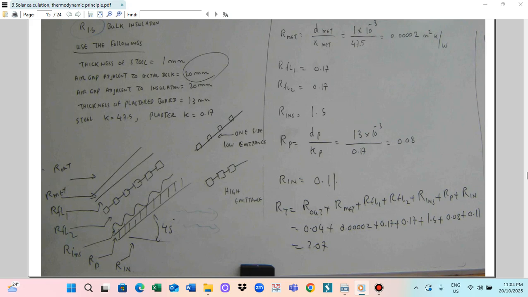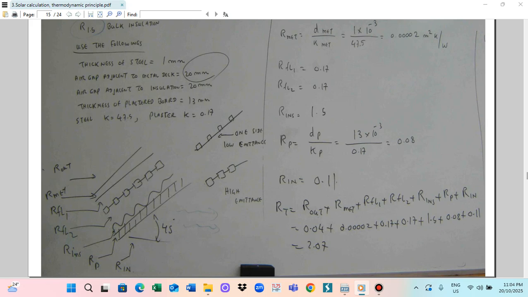This means both sides. This is the difference between this and this one. This is the one side, where you can utilize the one side low emittance. If you see it this way, this is high emittance. So this is a symbol of the laminated foil.